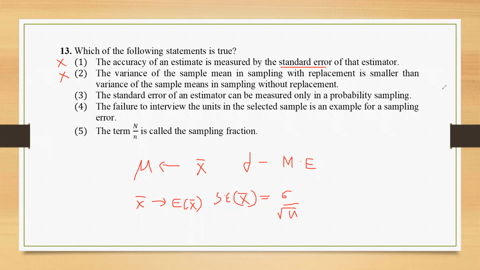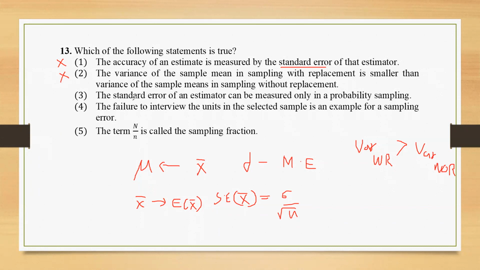And in the second statement, normally, here with replacement, here without replacement, which one is the smaller one? Without replacement is the smallest. So therefore, the second statement is also incorrect.